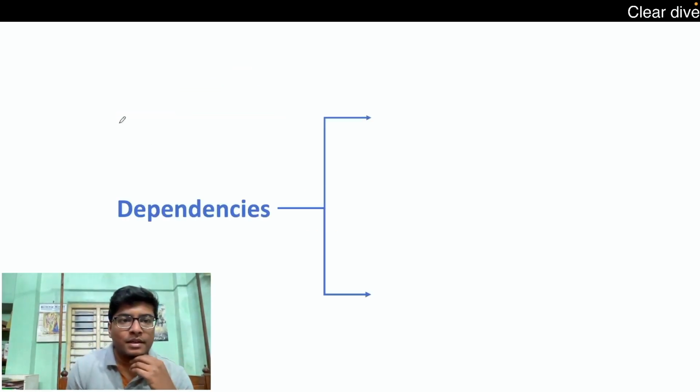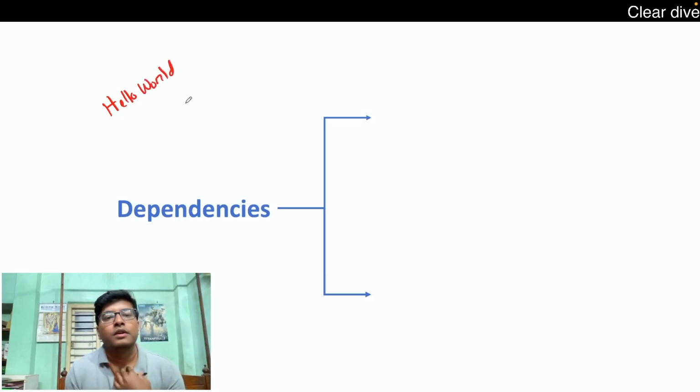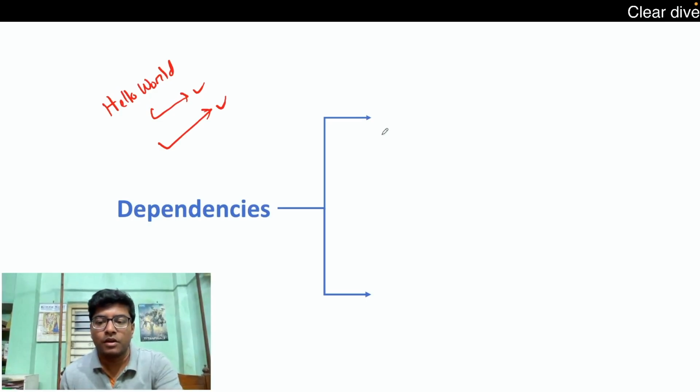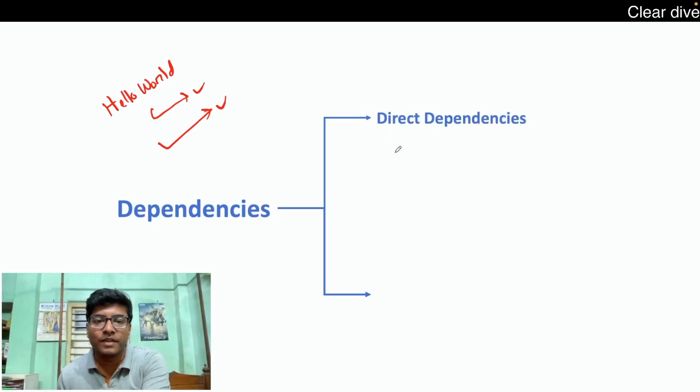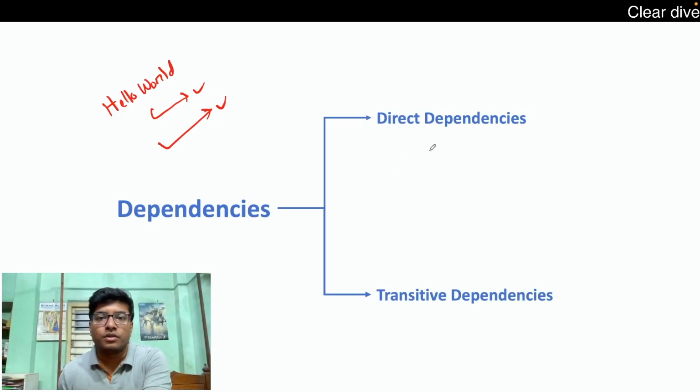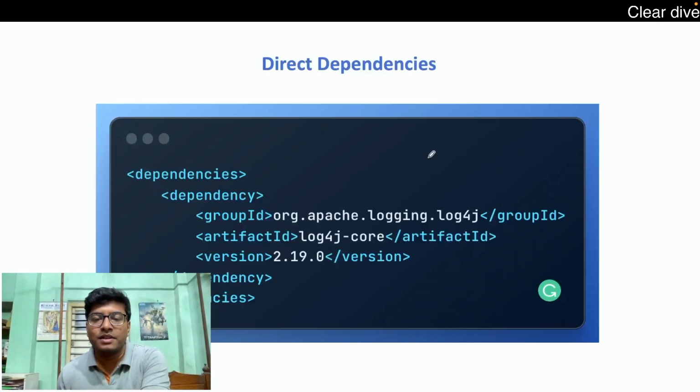As I said, let's say I have an application, hello world. It depends on many libraries. In that case, there are two kinds of dependency. One is called direct dependency, and another is called transitive dependency. So what is a direct dependency?